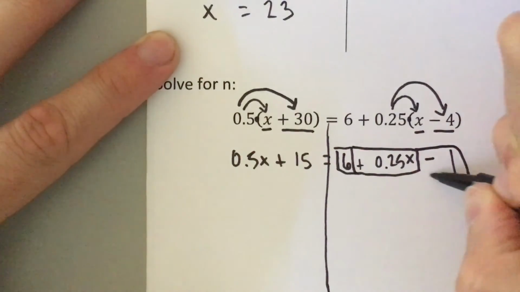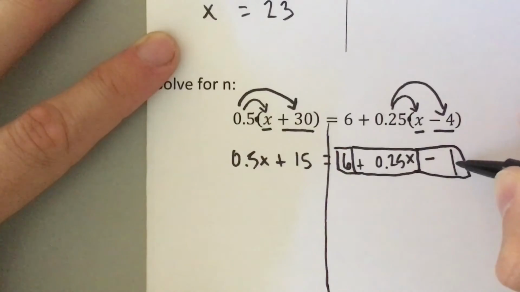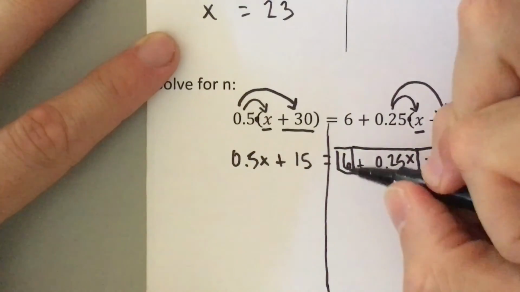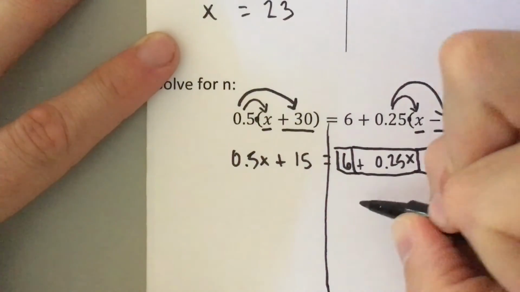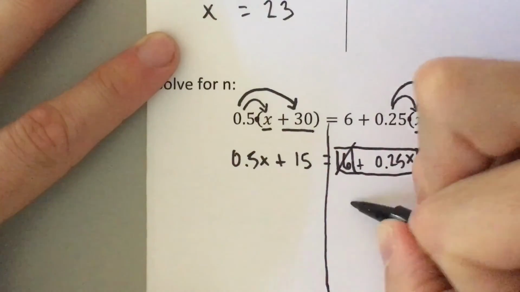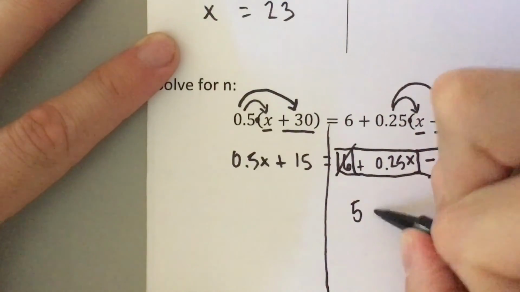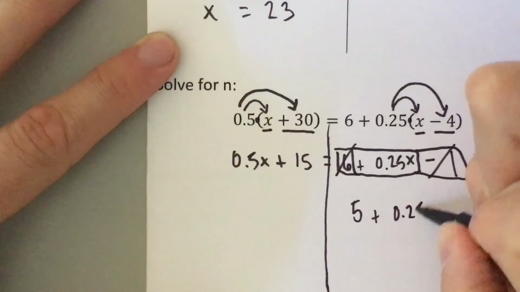But if I continue, and I'm wondering, can I subtract 1? Well, I can't subtract 1 from the 0.25x because they're different, but I can subtract 1 from the 6. So before I start solving, I'm going to go ahead and take 6 minus 1, and that gives me 5. And then that 0.25x that I'm adding is just going to come straight down.